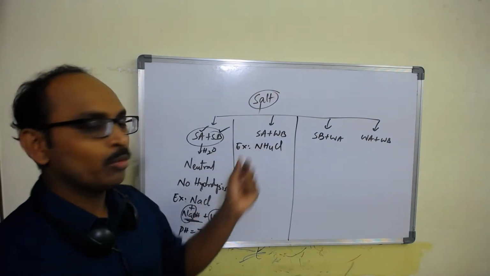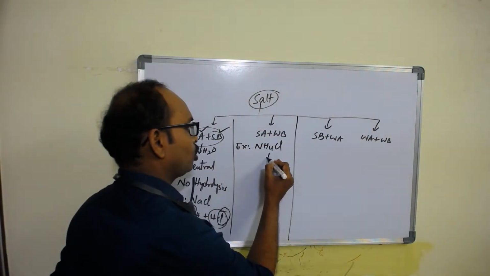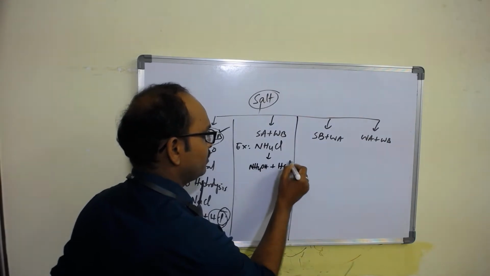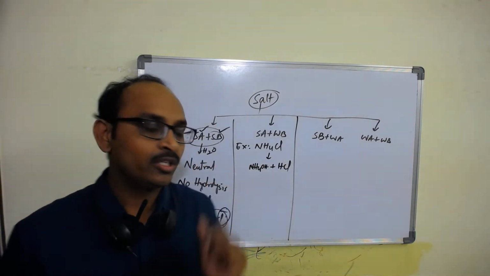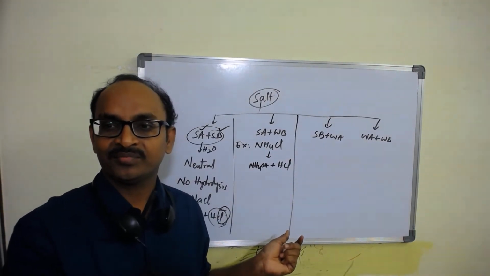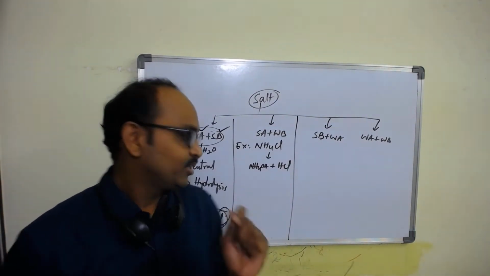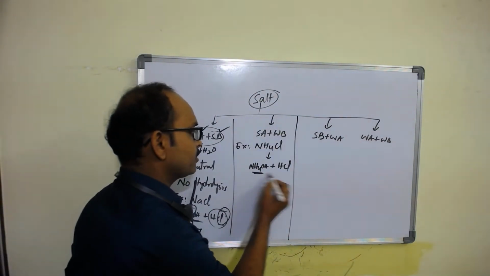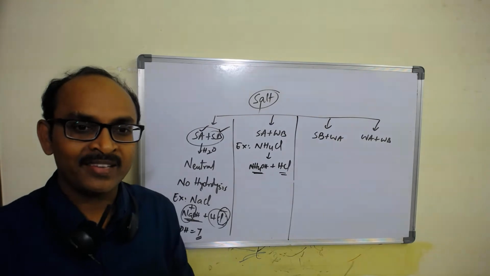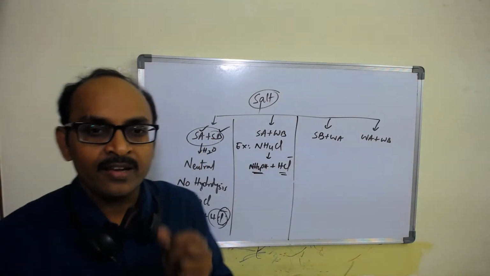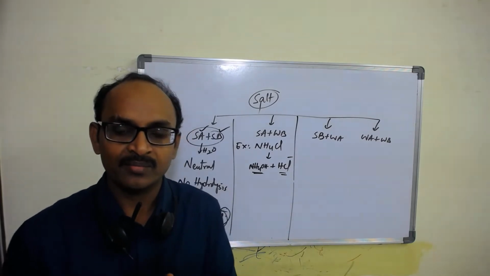If I take this ammonium chloride, it is a salt of ammonium hydroxide and HCl. So this ammonium hydroxide is a weak base and HCl is a strong acid. Because HCl is a strong acid, the Cl minus is the weak ion, right?